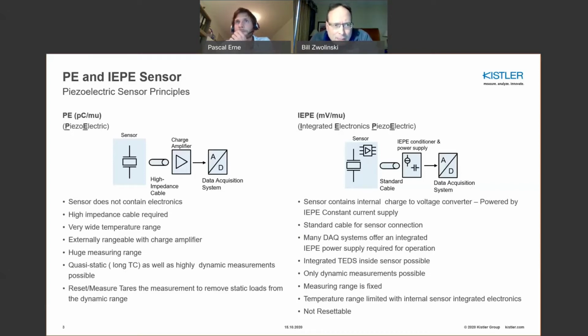For the PE side and for force measurement, there are several advantages with regard to piezoelectric. One is there are no electronics inside the sensor, so we have a signal conditioner external, and that gives us the ability to vary the range of the measuring chain. So you get multi-purpose use out of one sensor.